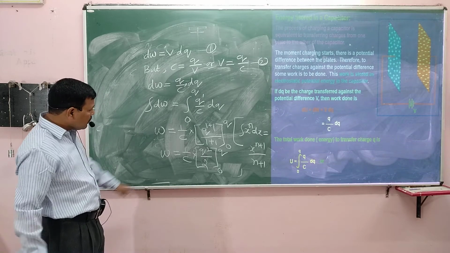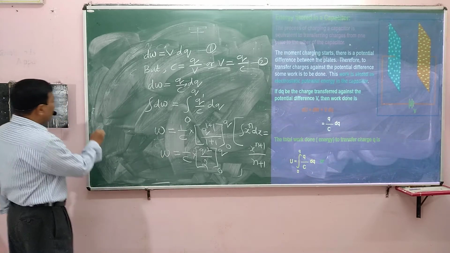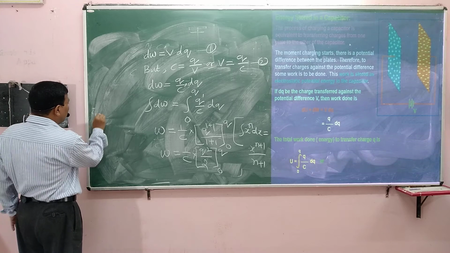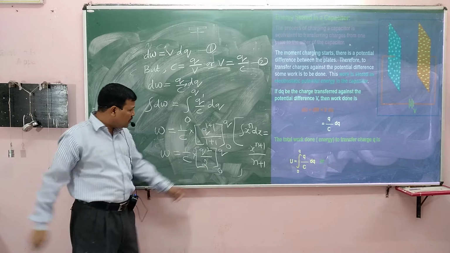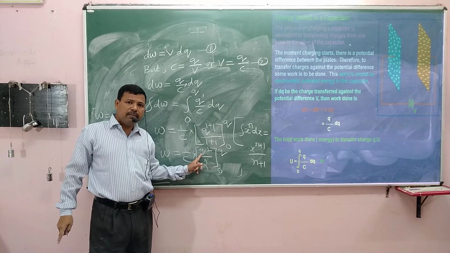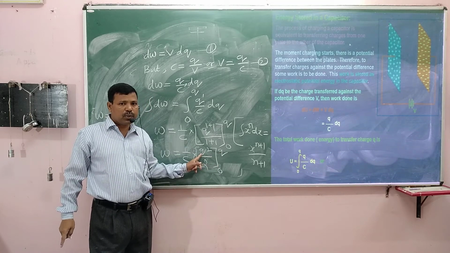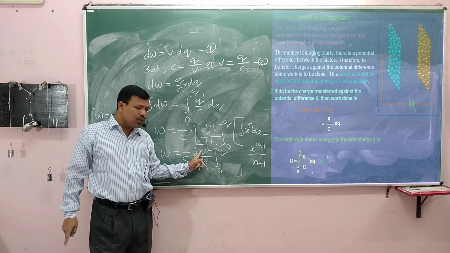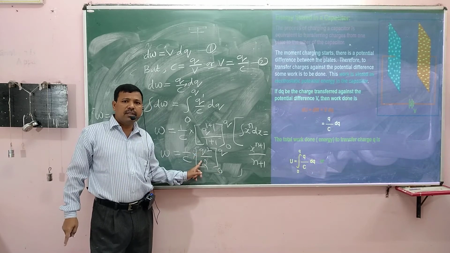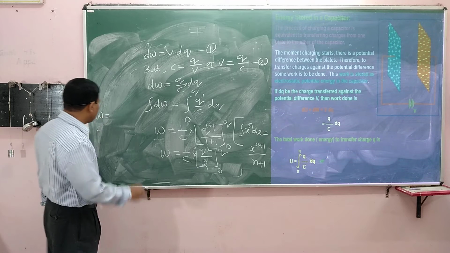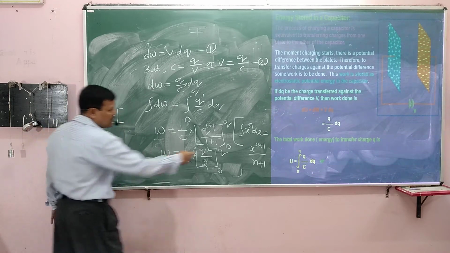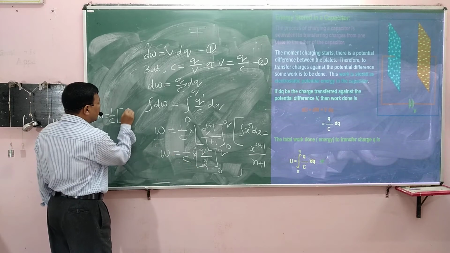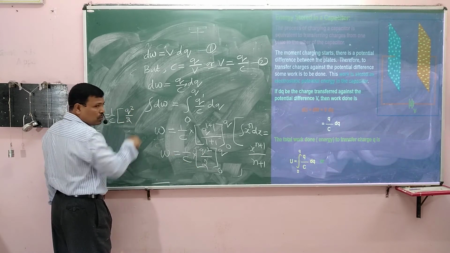Now the work is equal to, you substitute the upper limit here in place of Q, that will be Q square. If you substitute 0 here, 0 by anything is 0. So what we get is 1 upon C in the bracket. First I will substitute the upper limit, I get Q square by 2.